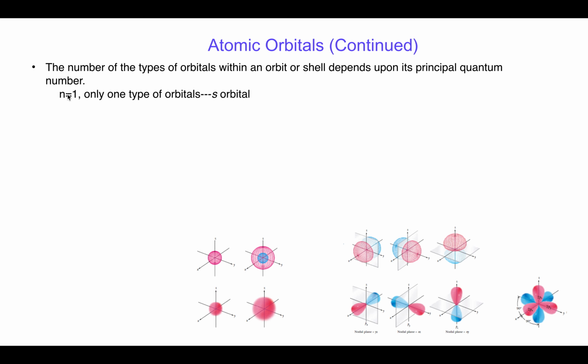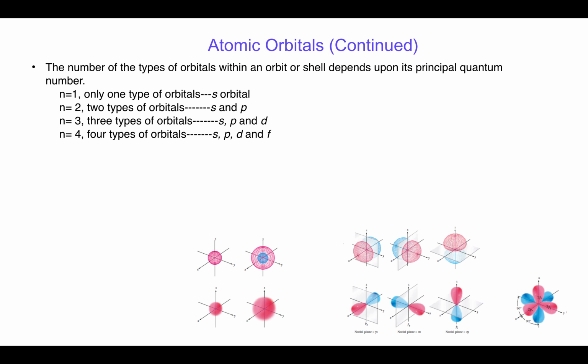For example, if n is equal to 1, that is the first shell, this contains only one type of orbital, and this orbital is the s orbital. If n is equal to 2, that is the second shell, then there are two types of orbitals, s and p. With n equal to 3, three types of orbitals, s, p, and d are present. If n is equal to 4, then four types of orbitals are present, that are s, p, d, and f orbitals.